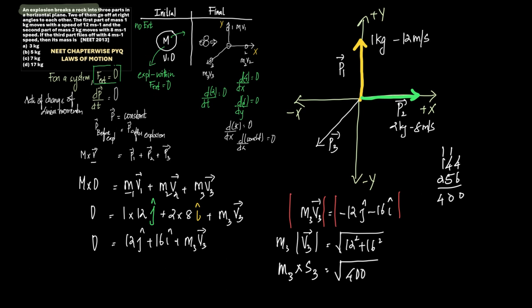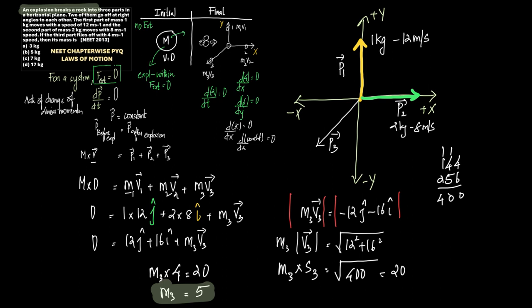So it's root of 400, which is equal to 20. So we have m3 into speed of 3. It is given directly in the question that the third part flies off with a 4 meter per second speed. So 4 m3 is equal to 20, and therefore m3 is equal to 5.